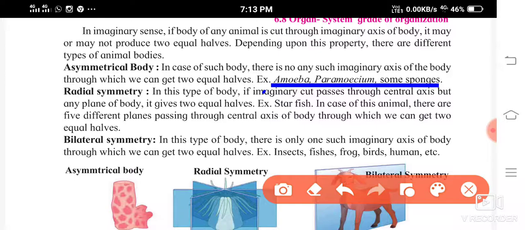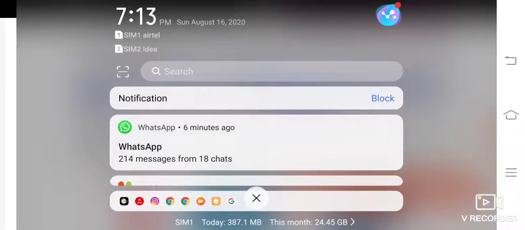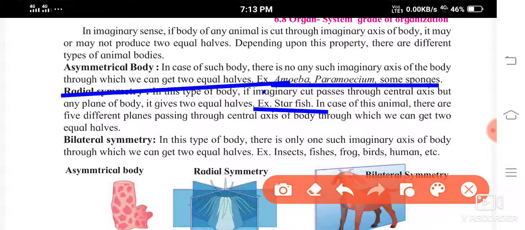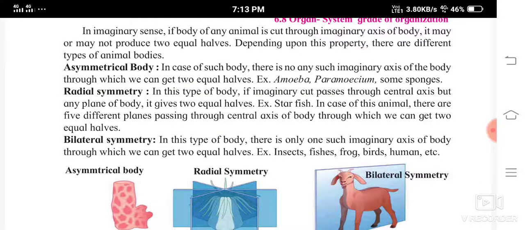Example, starfish. You have seen a starfish, right? If you cut along any plane like this, or like this, through any plane, you are going to get two equal halves. Now in case of this animal, there are 5 different planes passing through the central axis of the body through which we can get two equal halves.